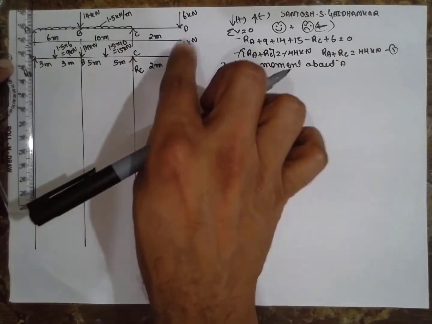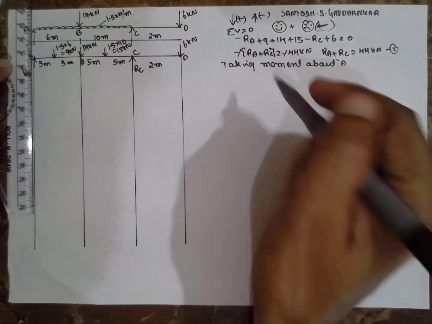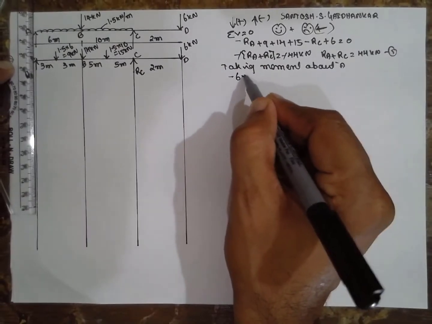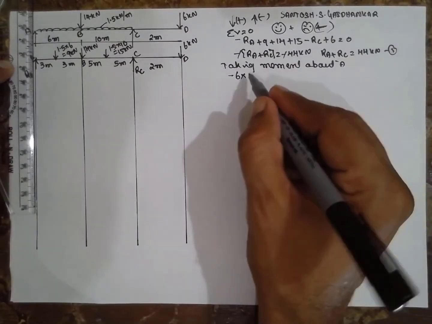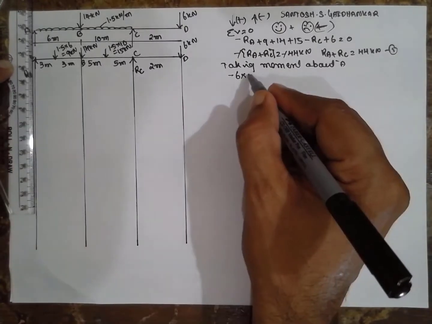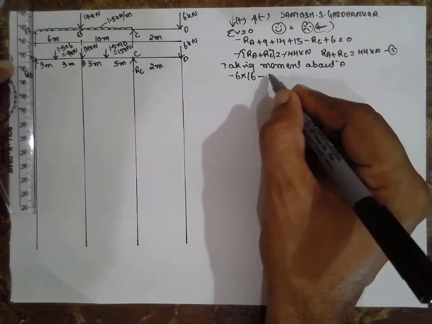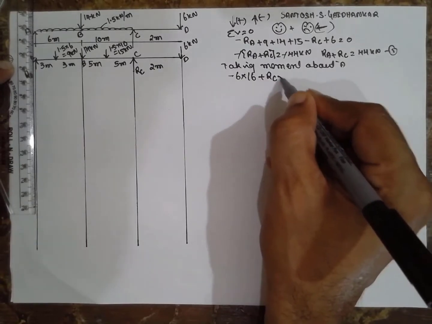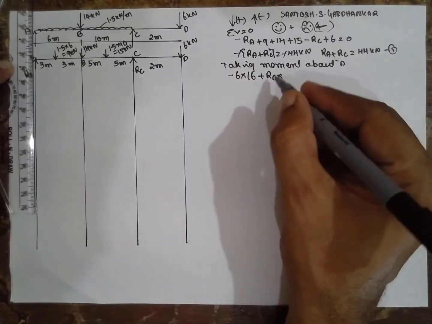Sagging will occur for one direction, hogging for the other. Therefore consider minus 6 into distance, the distance will be 18, plus RC into distance, the distance will be 16.